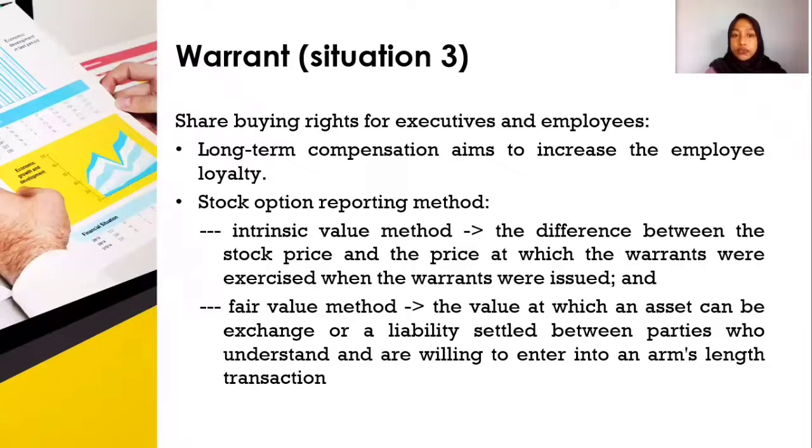First is the intrinsic value method, which takes the difference between the stock price and the price at which the warrants were exercised when the warrants were issued. And the second method is the fair value method. The value at which an asset can be exchanged or a liability settled between parties who understand and are willing to enter into an arm's length transaction.